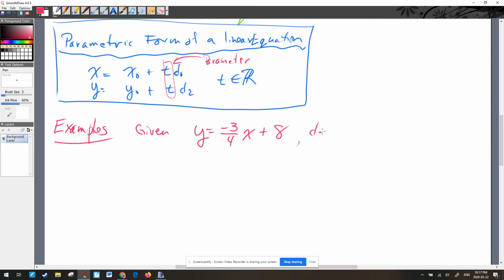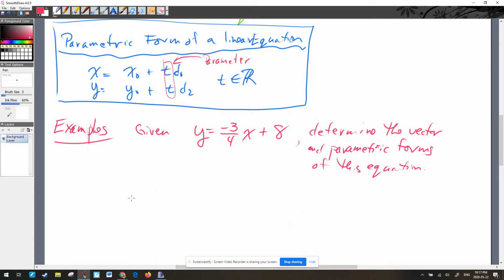I would like you to determine the vector and parametric forms of this equation. Now, I always, when I'm doing this, will start with a diagram. Always, always, always.